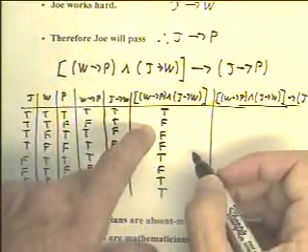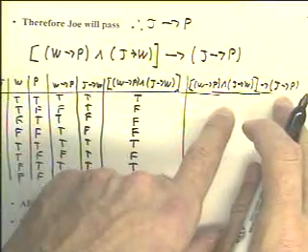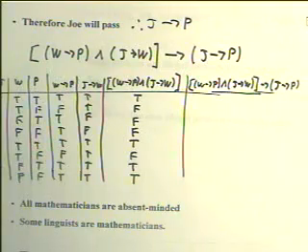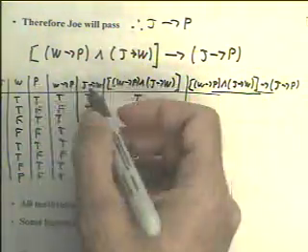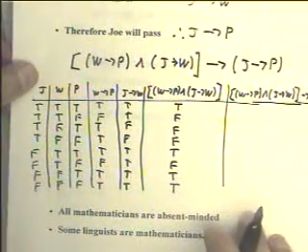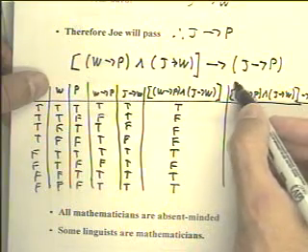Now, the final line evaluates this conditional. And it looks like we don't have a line for if J, then P. That's because I left it off when I set up the truth table, and it's a little hard to do that. So I'm going to squeeze that one in here.